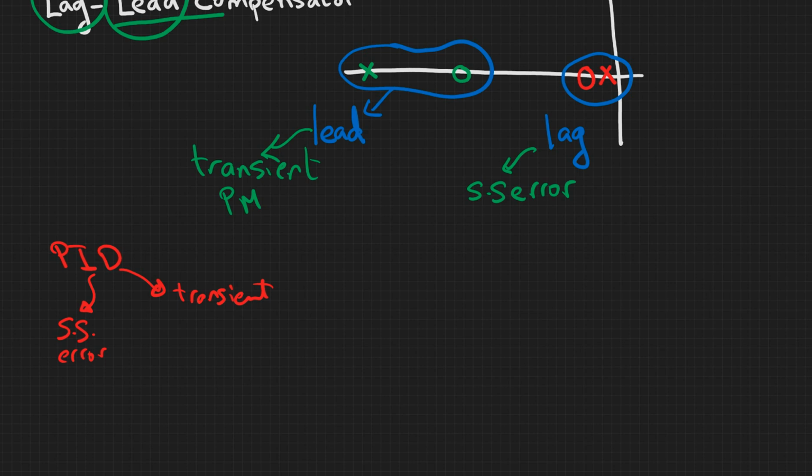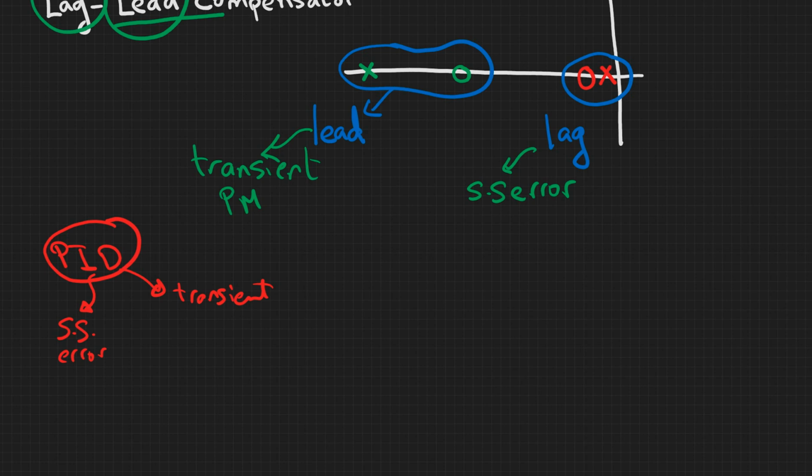This is a different controller architecture. PID is maybe more famous from the classical control point of view, but lead and lag-lead compensators are still also used as a good controller architecture.